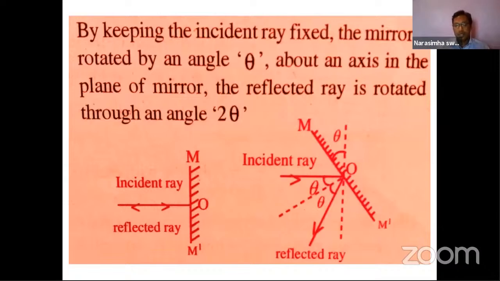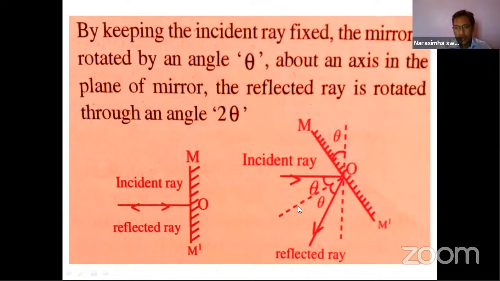Now observe this diagram. The incident ray is as usual along this direction only. But now M dash makes an angle theta with the vertical. The reflected ray is now reflecting with the normal, making an angle theta here. This dotted line is the normal now.